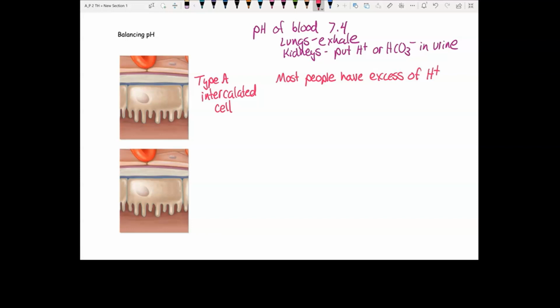So type A cells will send hydrogen to the tubular fluid so that it can then be lost in the urine. They will send bicarbonate back into the blood. So you're always sending hydrogen and bicarbonate in opposite directions. This way you will lose hydrogen in the urine. And that way you can keep your blood pH at 7.4 by getting rid of the excess hydrogen.